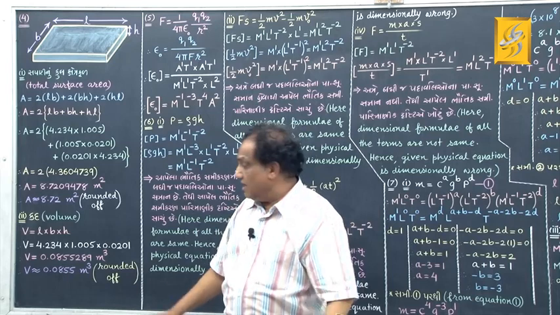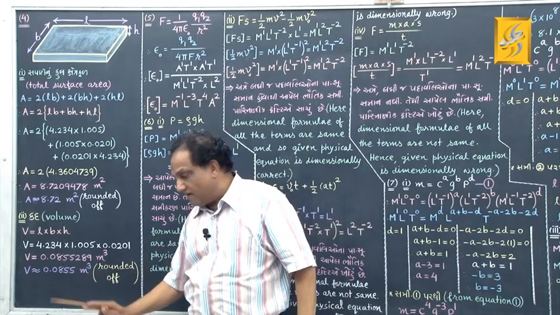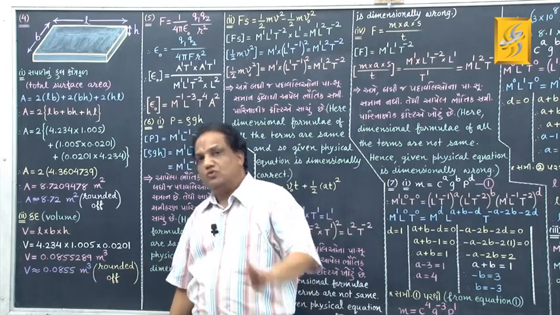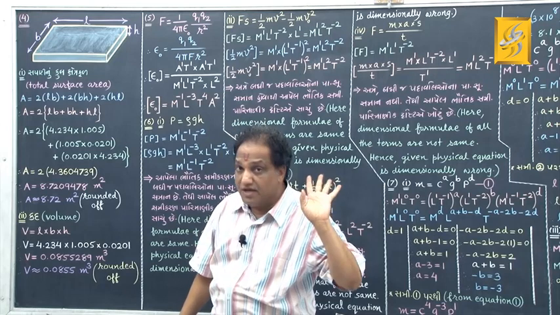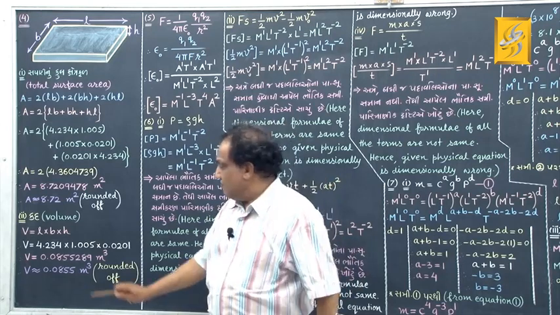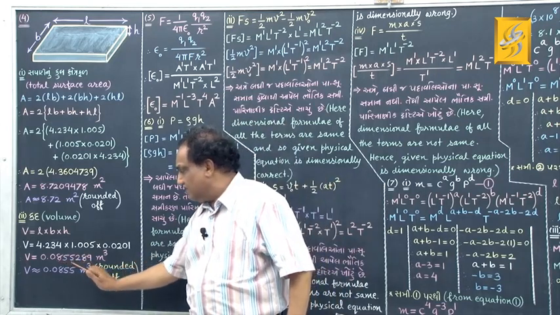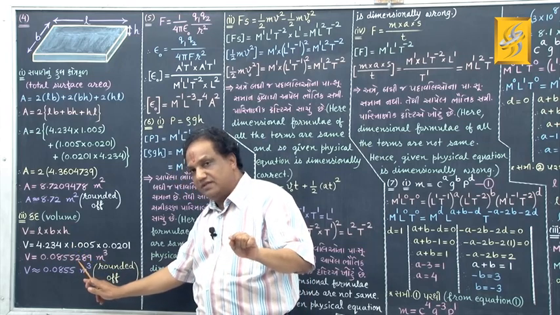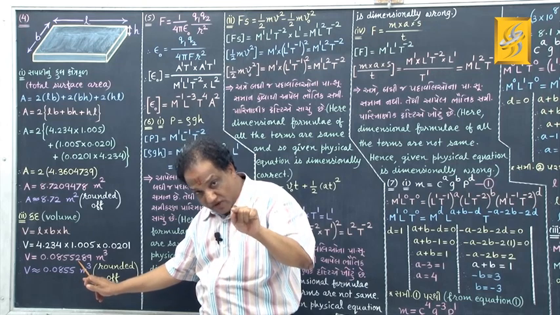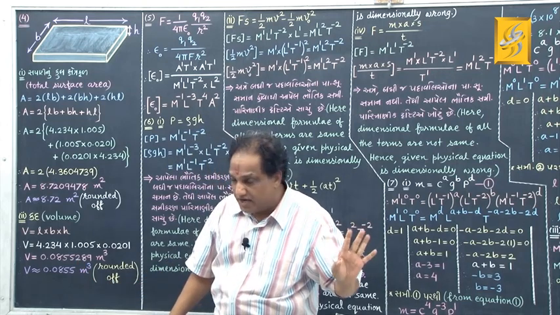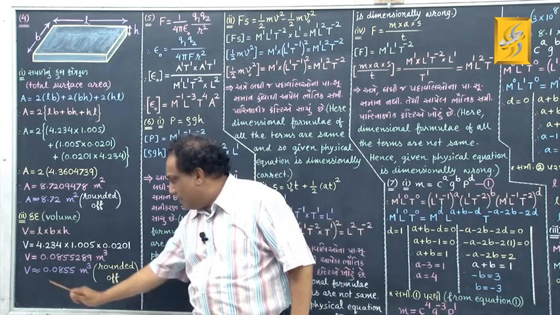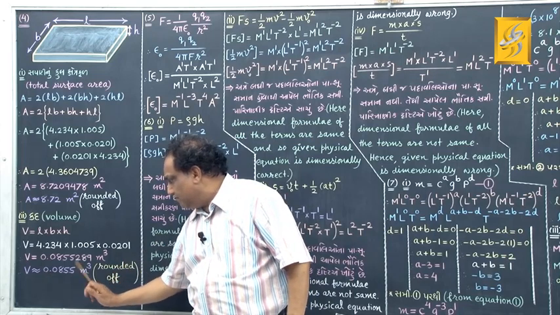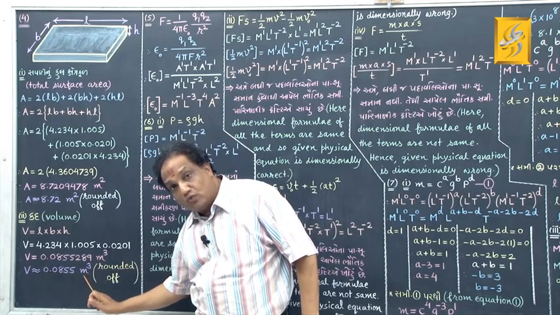So we must approximate our final answer up to 3 significant digits only. For that we just retain these first 3 significant digits. Then after this you can see the digit is 2, which is less than 5. You can just drop it straight away. Then the final answer would be 0.0855 meter cube.